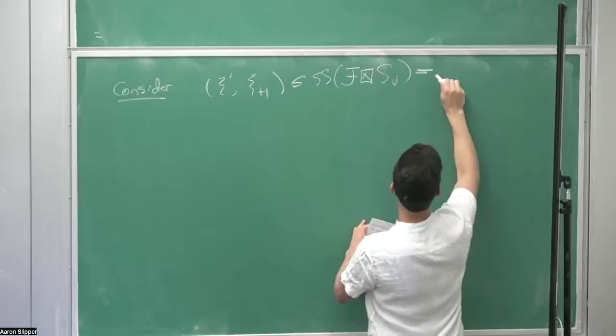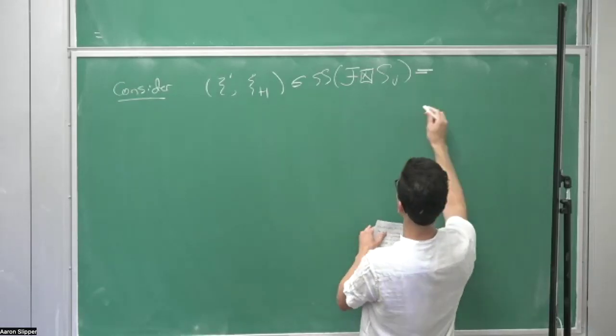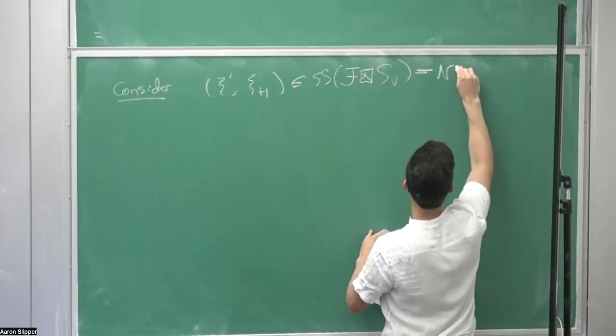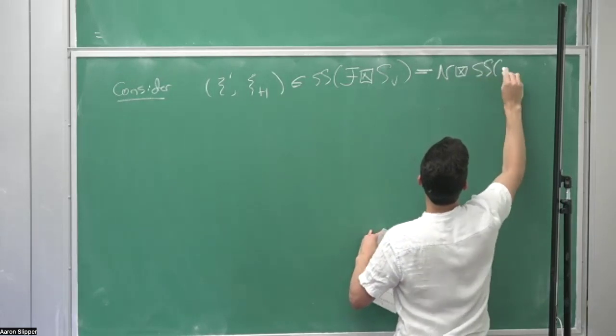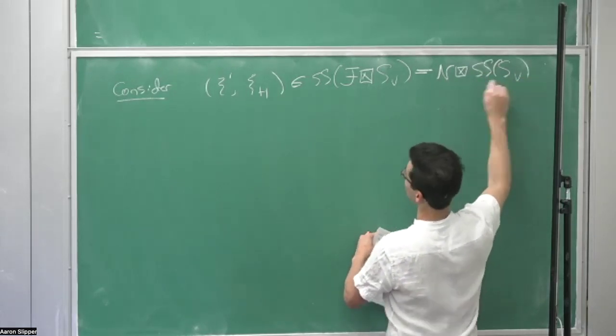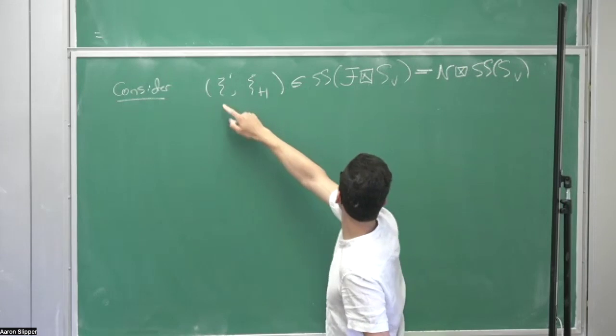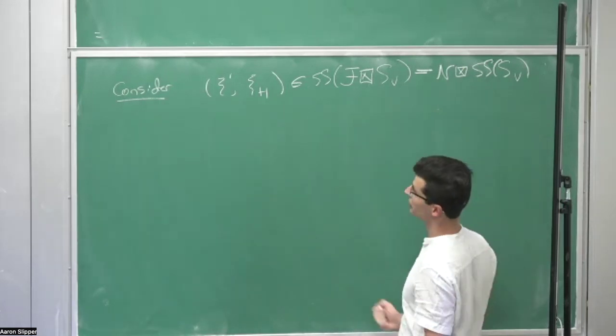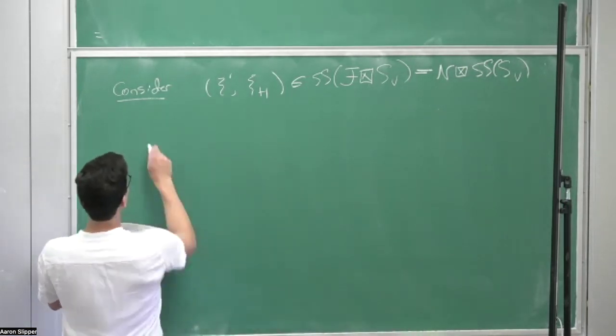And then this singular support respects external product. So in particular, c prime lives inside the global nilpotent cone.